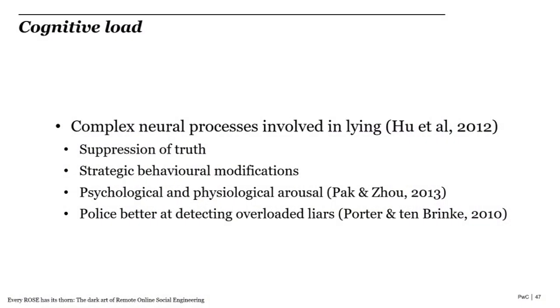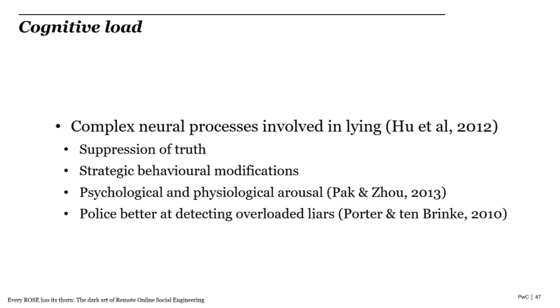And most interesting, I think, is the principle of cognitive load. Cognitive load is about the amount of mental stress that's placed on someone who is lying. Lying neurally is a very complex process because a liar is trying to do multiple things at once. They're trying not only to suppress the truth, but also to fabricate things, to distort things or omit things. They're trying to avoid detection whilst at the same time trying to achieve deception.